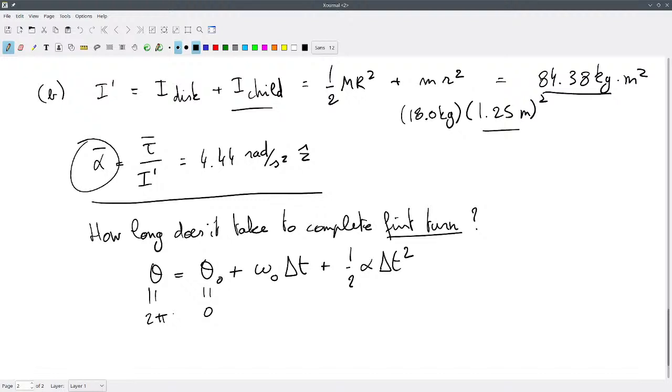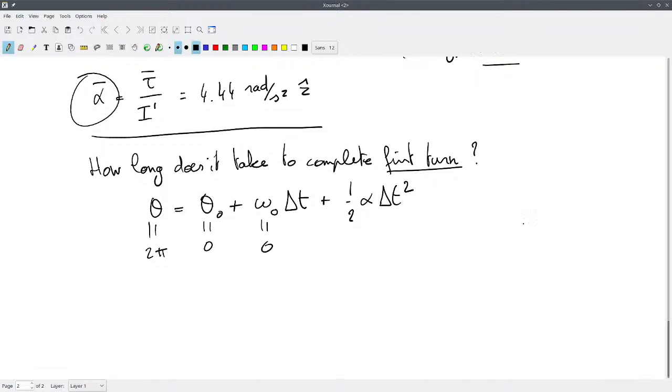I would probably put here that we start from rest, so this is going to be 0. And then we can calculate delta t is going to be 2 times delta theta, or 2 pi, over alpha with a square root.